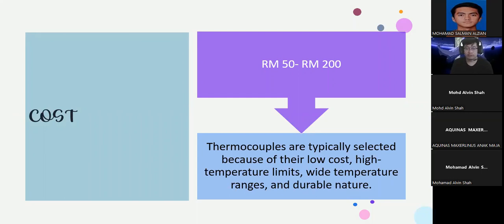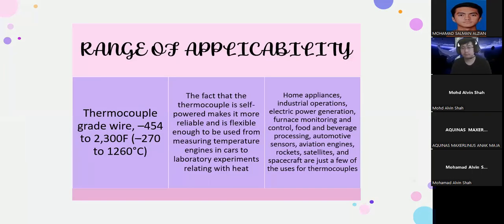Now for the cost, it ranges from 50 ringgit to 200 ringgit. Thermocouples are typically selected because of their low cost, high temperature limits, wide temperature ranges, and also their durable nature. For the range of applicability, a thermocouple can measure from at least negative 457 to 2300 Fahrenheit, which is equivalent to negative 270 degrees Celsius to 1260 degrees Celsius.